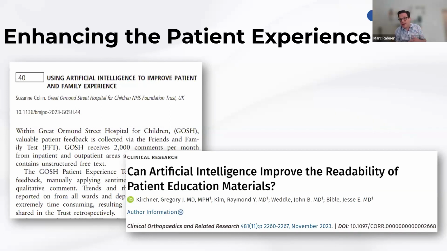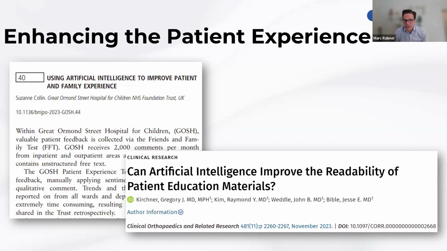This group would get 2,000 comment cards a month, and it would take them weeks to months to just review the information, categorize it, and know what to do with it. They trained this AI model to identify themes and prioritize negative feedback so that they could escalate that negative feedback to the appropriate teams and get those issues resolved. And that happened in minutes.